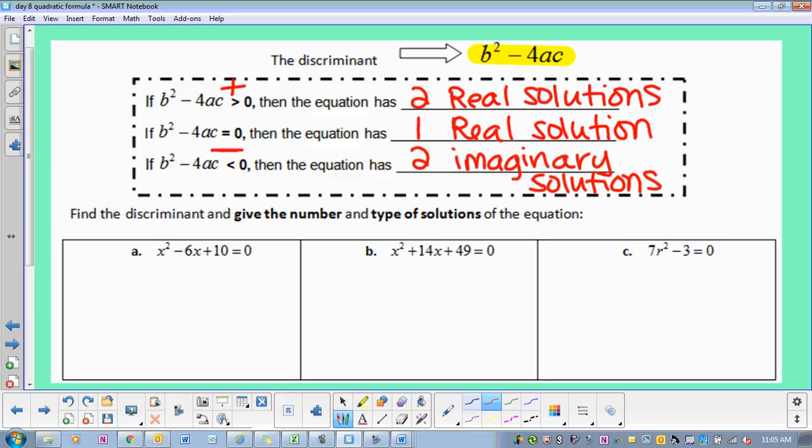So a positive is 2 real, 0 is 1 real, and a negative is 2 imaginary. Can you memorize that? All right, you have to.